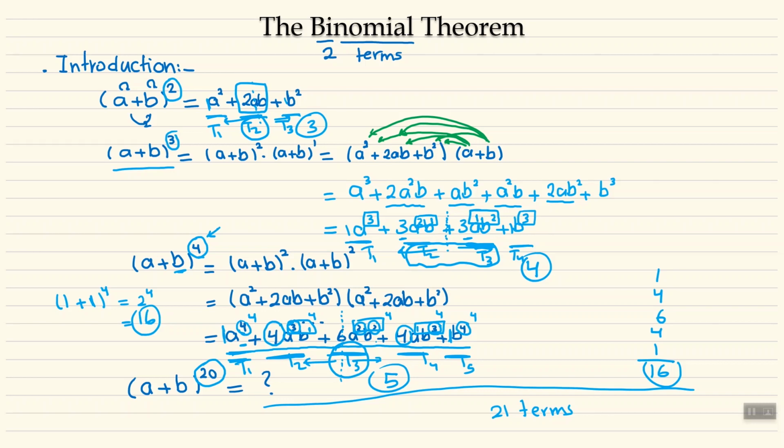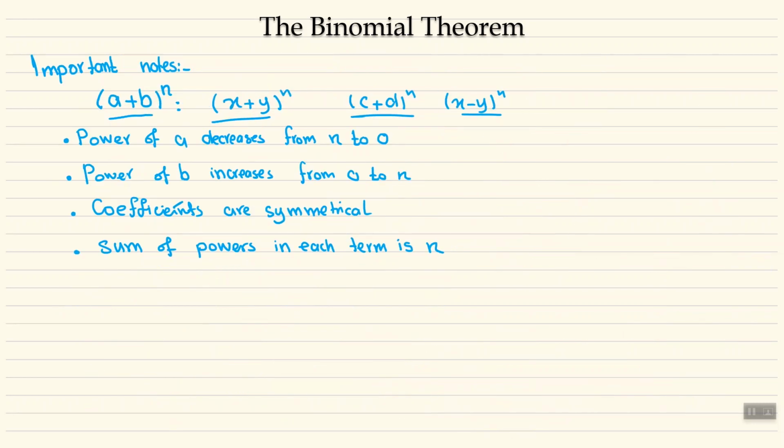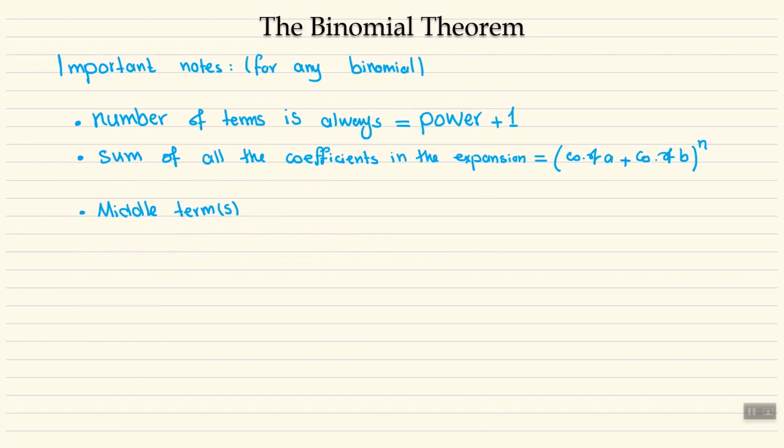So how do we get the middle term? And when do we have only one middle term? And when do we have 2 middle terms? This is an important thing. Okay. The middle term or terms. If the power is even, you will get one middle term only.